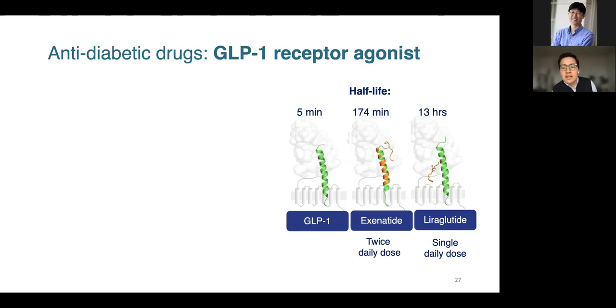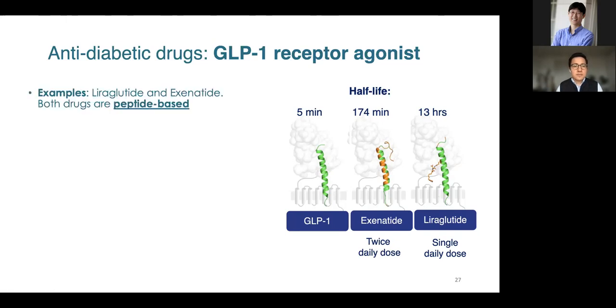So for example, exenatide, which is a peptide found in a specific reptile, has an extended half-life of 174 minutes, and a chemical modification of this GLP-1 peptide results in a better product called liraglutide with 13 hours of half-life.